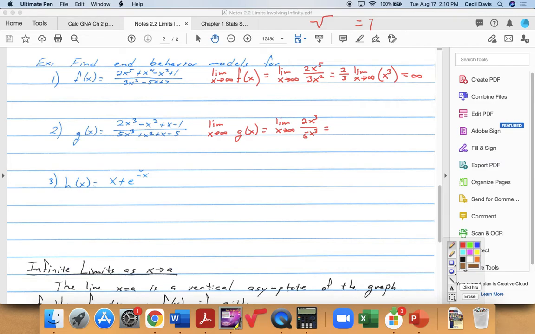What does that go to as x goes to infinity? 2/5. The power in the numerator is equal to the power in the denominator, so all that's left are the coefficients.